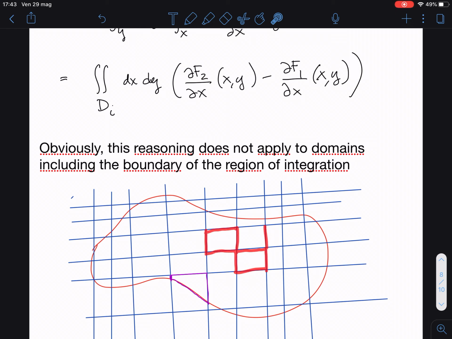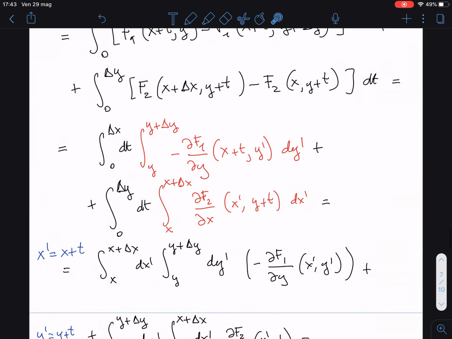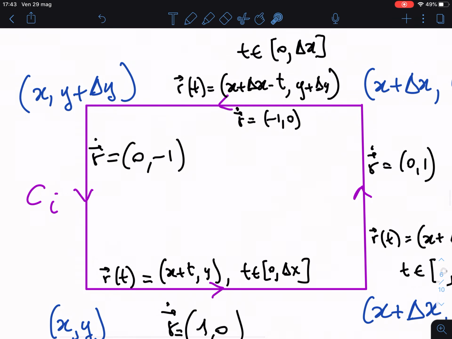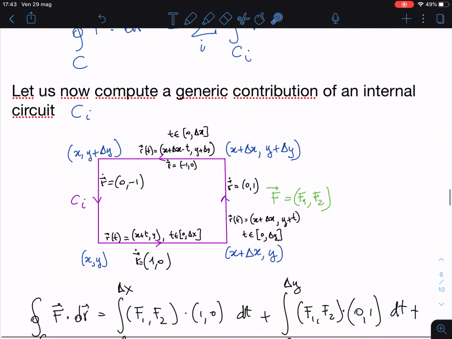We used heavily the fact that we are dealing with rectangles, because we explicitly parametrized the rectangle here. These are parameterizations for the rectangle, and we heavily used this parameterization.